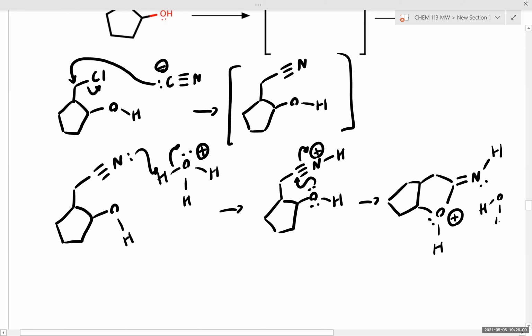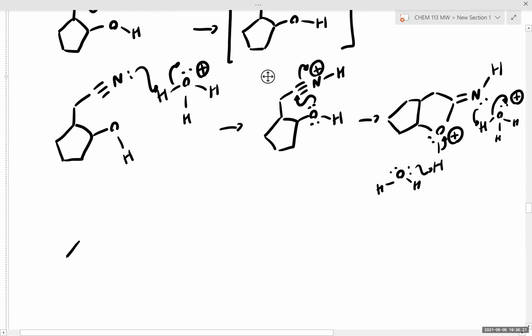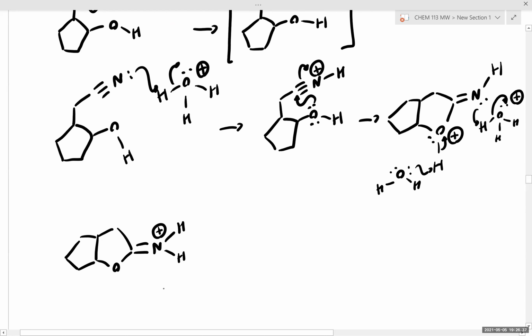From here, we're going to see a series of proton transfers where our imine-like nitrogen is protonated, and where we deprotonate our alcohol oxygen. So now that we have this activated iminium-like species, water will attack and generate another tetrahedral intermediate.